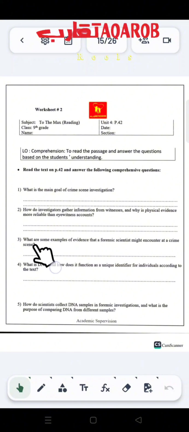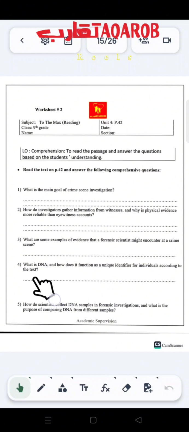Question number 3, what are some examples of evidence that forensic scientists might encounter at a crime scene? The answer is fibers, glass, chemicals, soil, drugs, tire track, footprints, bullets, plants, handwriting, fingerprints, liquid, blood, hair, DNA are all examples of evidence that forensic scientists might encounter at a crime scene.